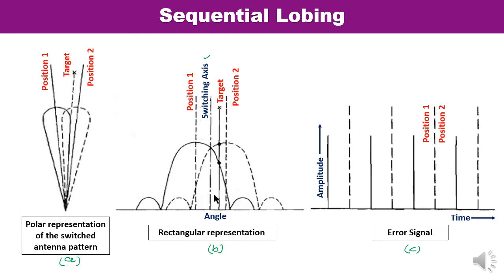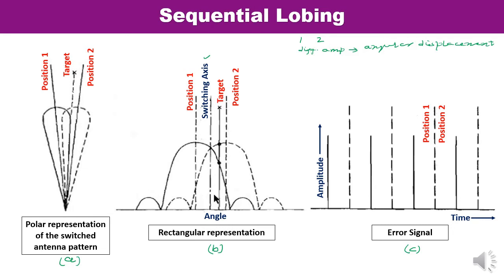You must remember that the difference in amplitude between the voltages obtained in the two switching positions is important. When the beam is switched between position 1 and 2, the difference in amplitude gives us the measure of the angular displacement of the target from the switching axis. So by this we can calculate the angular displacement by switching between these two positions.